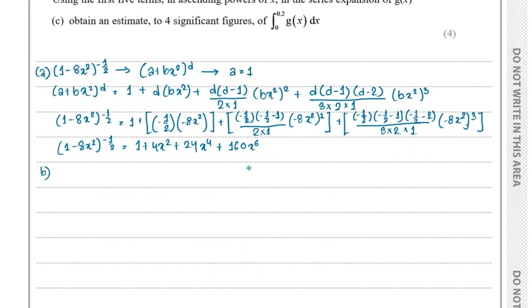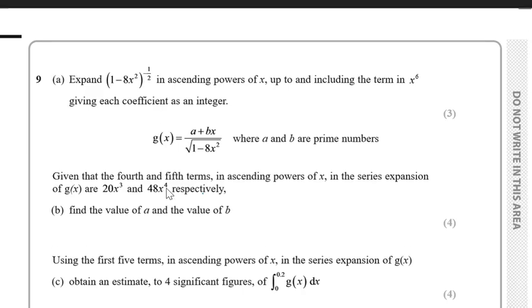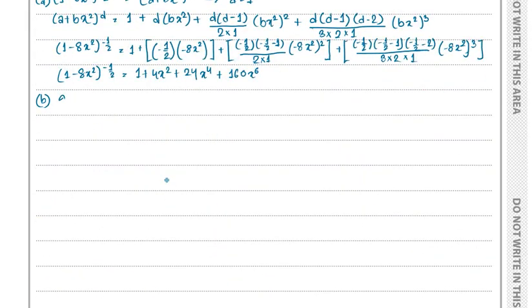For part B, here they have given us an expression g(x) is equal to (a plus bx) divided by root over (1 minus 8x squared). And they have given us the fourth and the fifth term of the expansion of g(x). And they have asked us to find the value of a and b. So g(x) is given to be (a plus bx) divided by root (1 minus 8x squared).